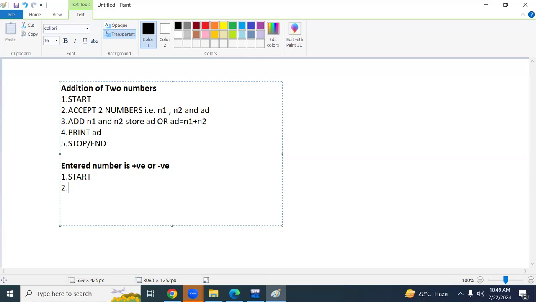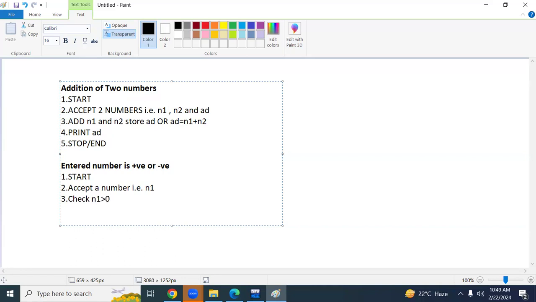Accept one number, a number, suppose n1. I'm just taking it as n1. Then third step, check n1 greater than 0.